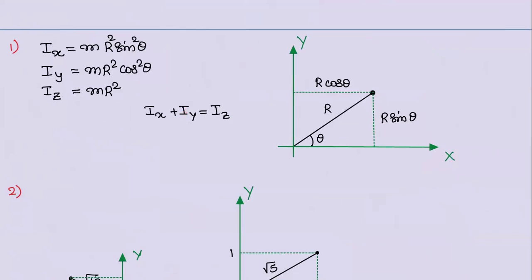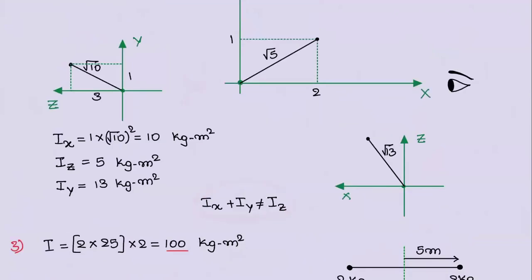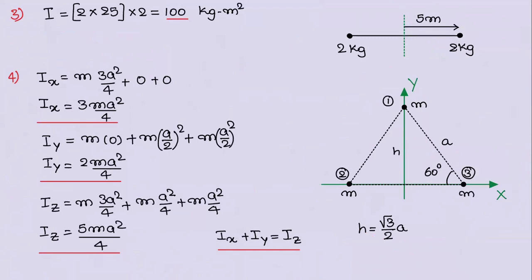Second case, it is not valid because it has some z component. Third case is also valid because no particle has z component. Z component illa, you can use Ix plus Iy is equal to Iz. Okay. Super logic. Actually, it's a theorem that's called the perpendicular axis theorem. We'll discuss that later. Go ahead with the next question fast.